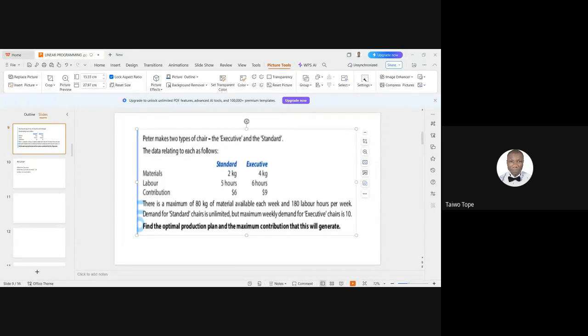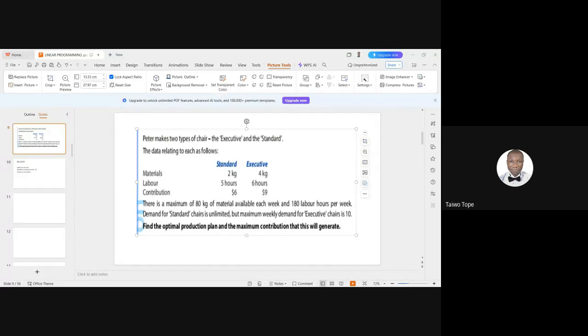Per unit, to produce 1 standard chair you need 5 hours, and for 1 executive chair you need 6 hours. In terms of material, 1 standard chair needs 2 kg, and 1 executive chair needs 4 kg.